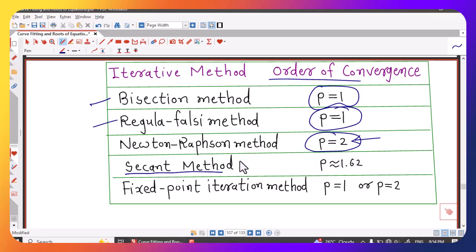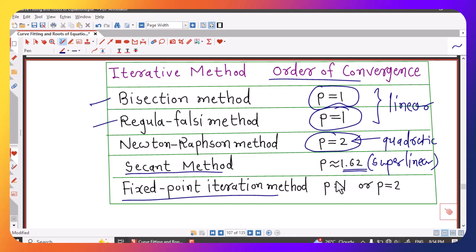The secant method also has order of convergence approximately 1.62. So these two have linear convergence. Newton-Raphson method has quadratic convergence and the secant method has superlinear convergence because p is nearly equal to 1.62 but strictly less than 2.